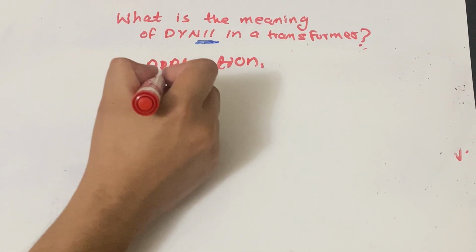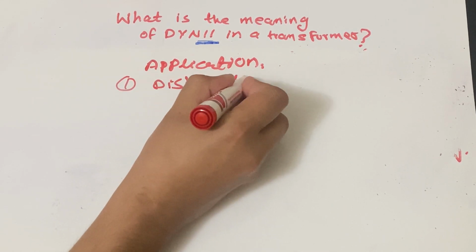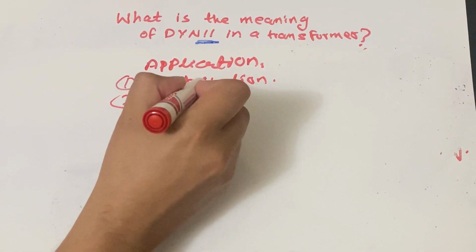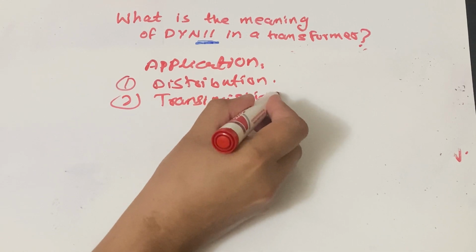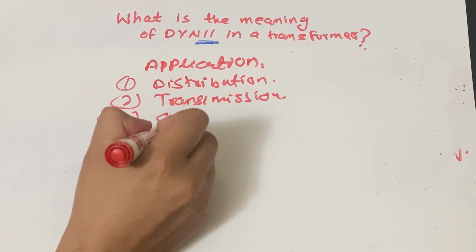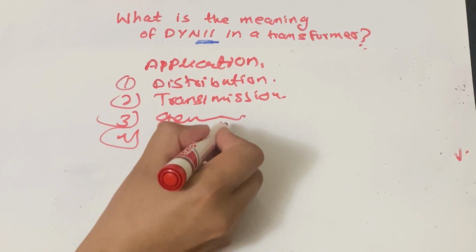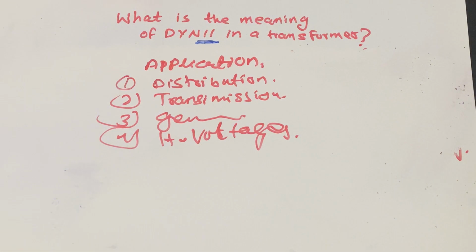Mostly transformers are used on the distribution side, distribution, transmission, generation, high voltages, and everywhere you encounter transformers, the vector group will be used there.